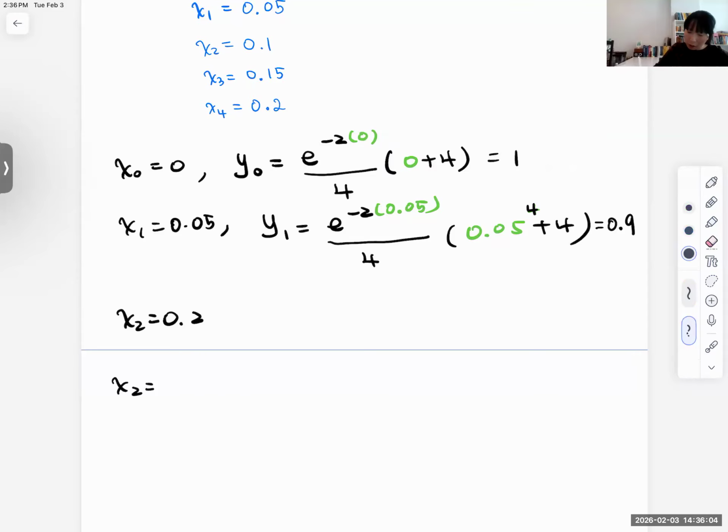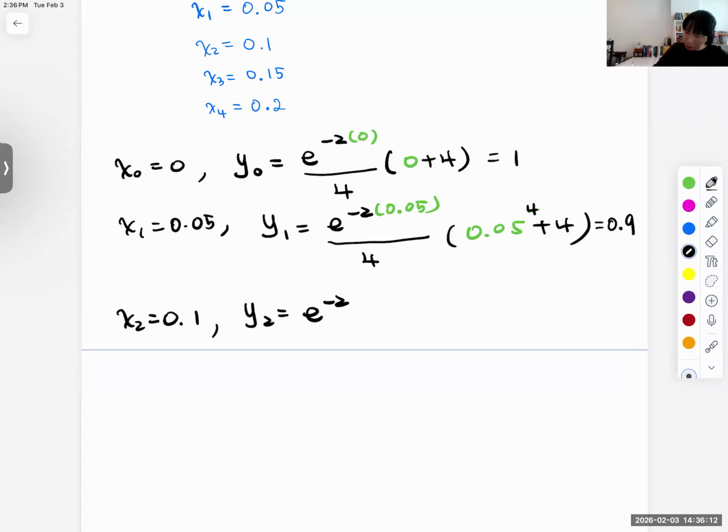Sorry, I said 0.1 and then I put 0.2. So y sub 2 equals e to the negative 2 times 0.1 over 4, times 0.1 to the fourth power plus 4. Can you please calculate? 0.81. Very good.